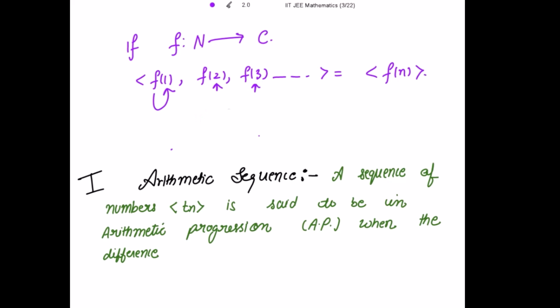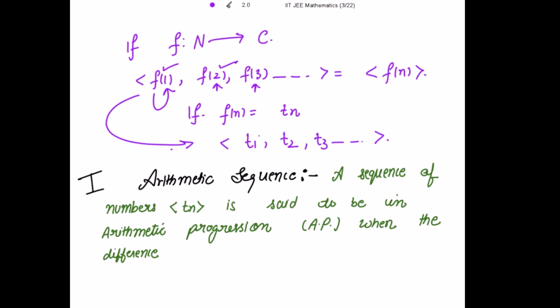And if I take fn to be equal to tn, suppose, then this sequence can be written as t1 for n equal to 1, t2 for n equal to 2, t3, and so on, right? Next is the arithmetic sequence.